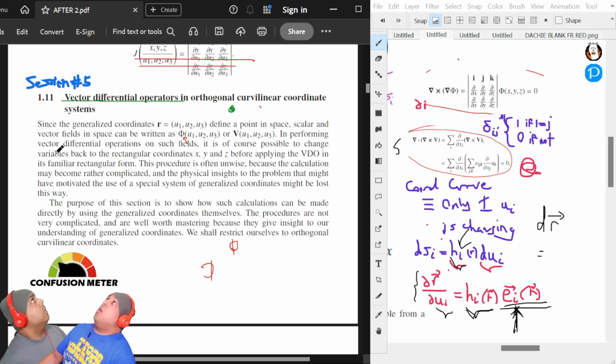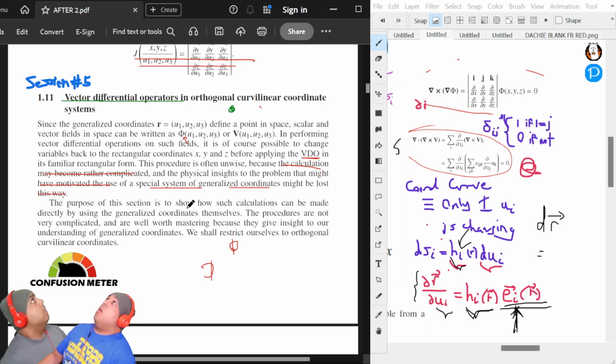In performing vector differential operations on such fields, it is of course possible to change variables back to rectangular coordinates before applying the vector differential operator. This procedure is often unwise because the calculation may become rather complicated and the insights to the problem that might have motivated the use of a special system of coordinates might be lost.